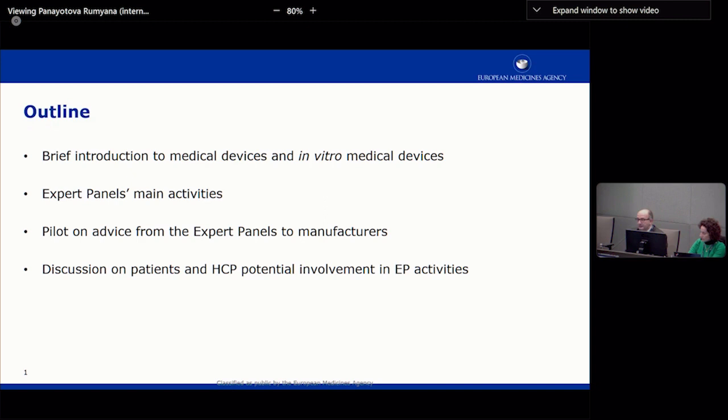I will also briefly present our new project, which is a pilot that we are doing on advice provided to the manufacturers by the expert panels. And in the end, more for us to discuss, the patients' and healthcare professionals' involvement in the expert panel's activities.